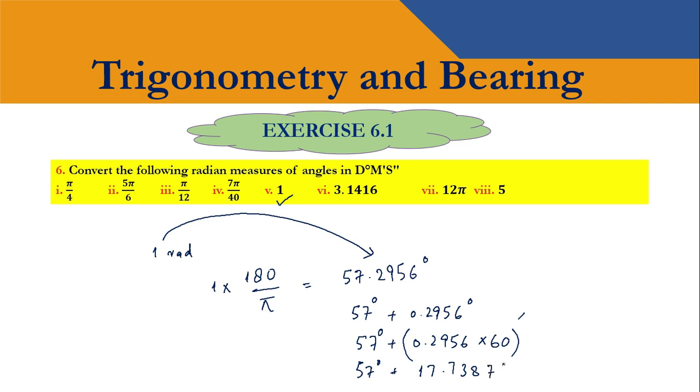17.7387 minutes. So keep that integral part, 57 degrees 17 minutes plus 0.7387 minutes. Now convert that minutes further into seconds. To convert that, multiply it by 60.